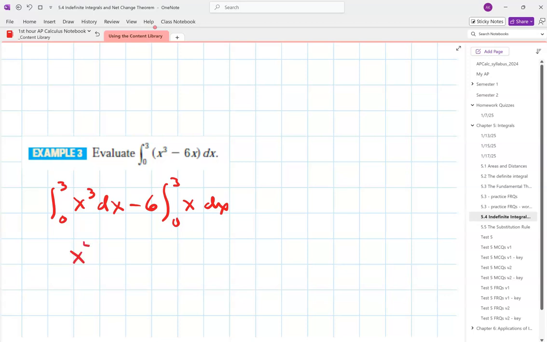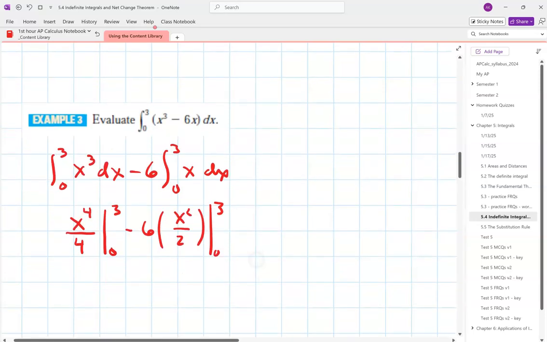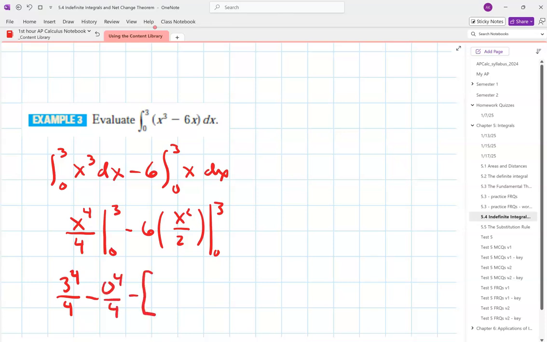So the antiderivative of x cubed, the antiderivative of x, and I'm going to just kind of loop these guys together. Is everybody okay with what I did there?